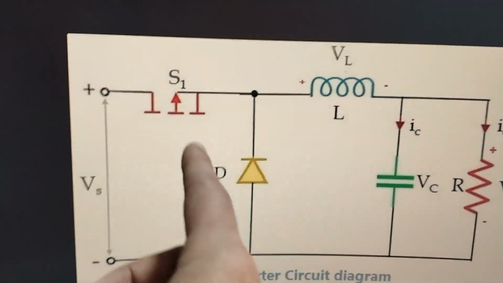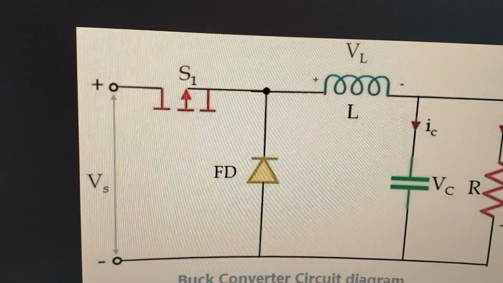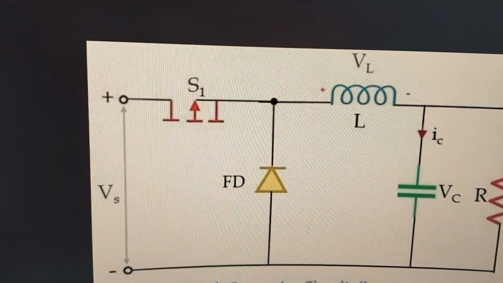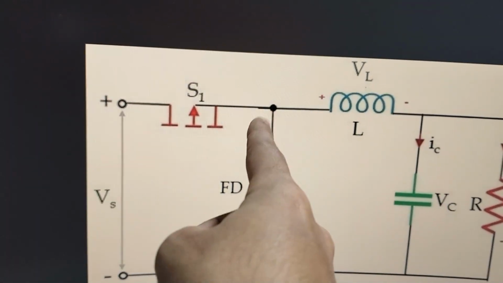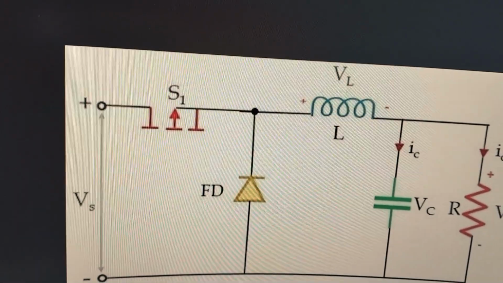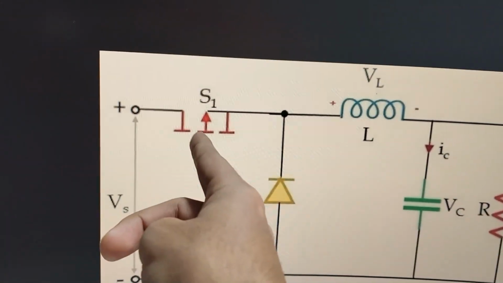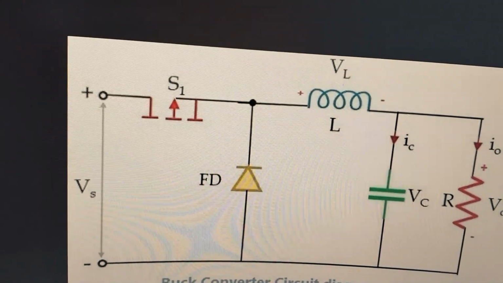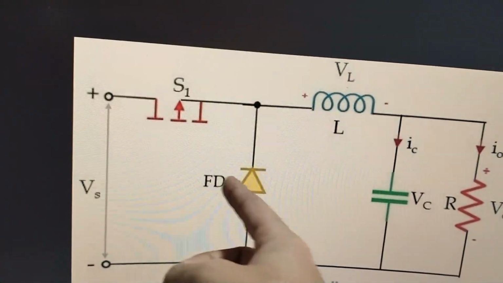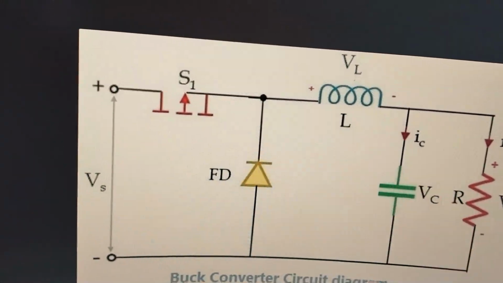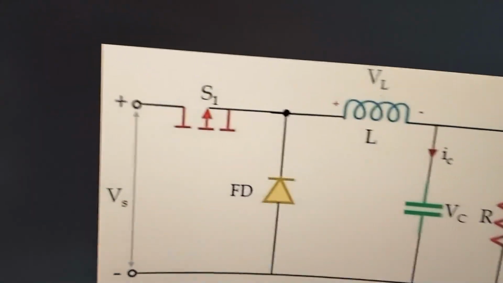So here, as you can see, the switch, which is a MOSFET, is on the high side, because it's between this high input and here, and this is not exactly ground, because only when this switch is on will it supply the power out here, whereas when this switch is off, the current through the inductor will continue and the freewheeling diode will provide a path.